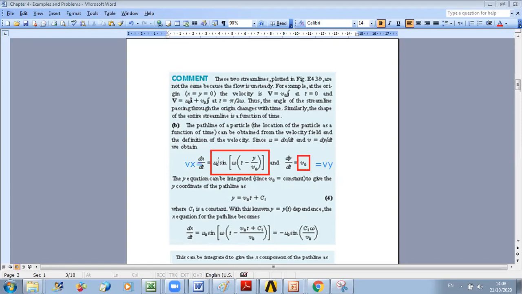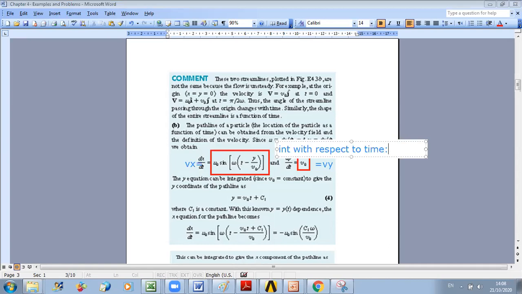Okay, so now since you know these components, you can integrate to find what is x function of time and what is y function of time. To start by the first equation to get x. Okay, if you integrate this equation with respect to time, what do we get?